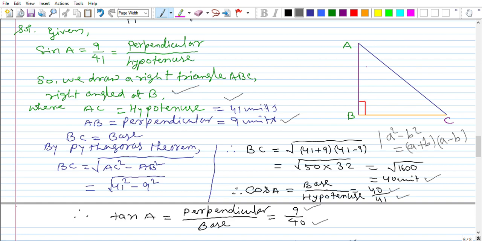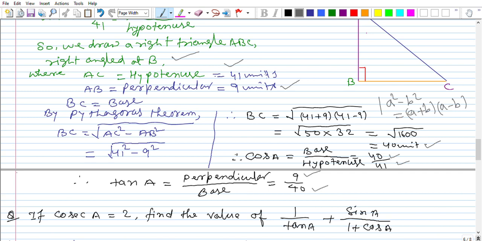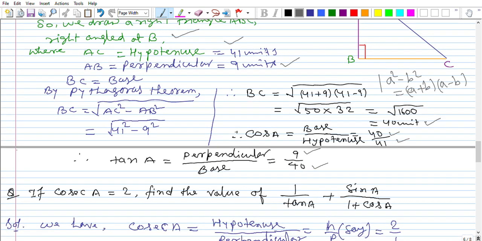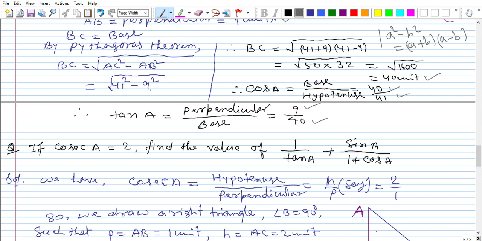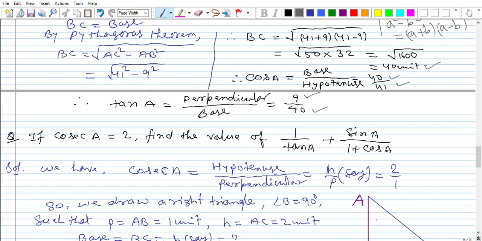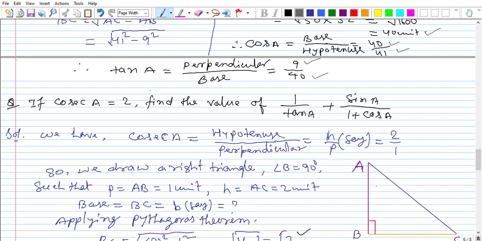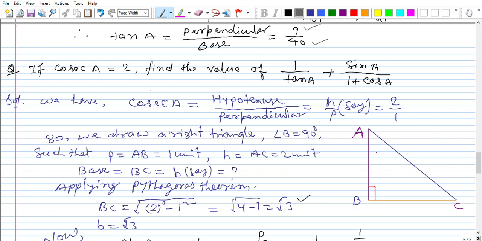The next question, my dear student: if cosec A equal to 2, find the value of 1 by tan A plus sin A by 1 plus cos A. Very good, sir. Cosec is given, so it is easy to find the sin A. It is the reverse of the sin A. Okay, sir, here is given 2 only, so we will make it 2 by 1.